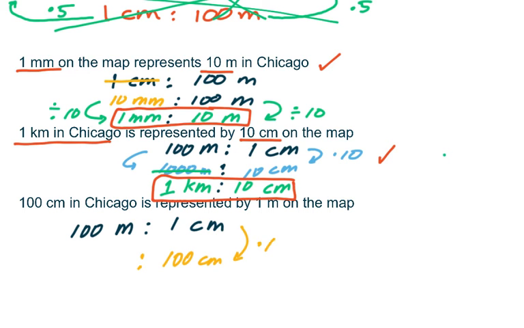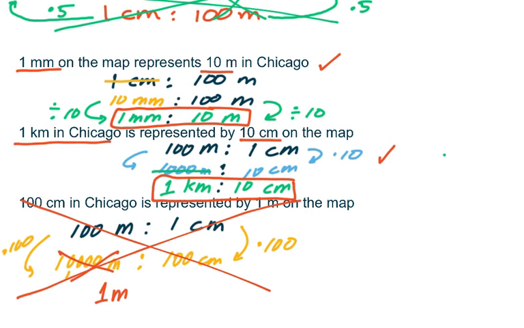So that means multiplying by 100. And if I multiply by 100 here, I get 10,000 meters. So 10,000 meters is not what we were asked. We were asked, would it be equivalent to 1 meter? And instead we got 10,000 meters. So that's definitely not the way that we wanted to go on this one. So this does not represent a scale that is equivalent.